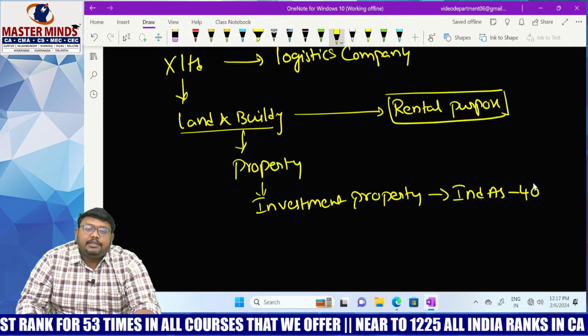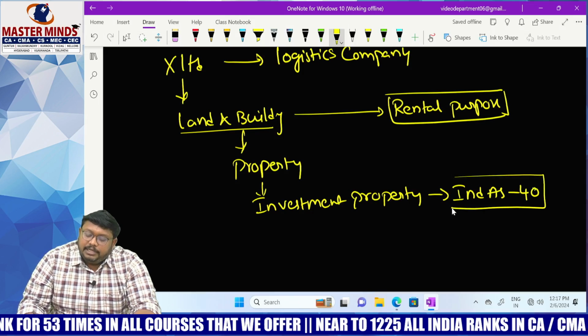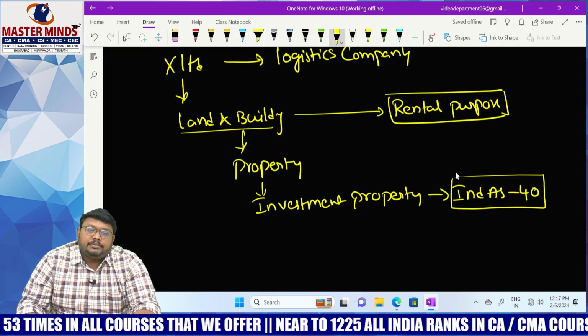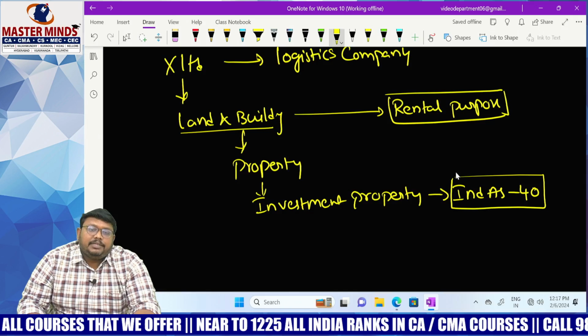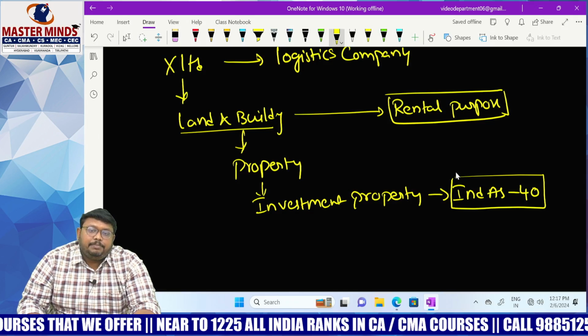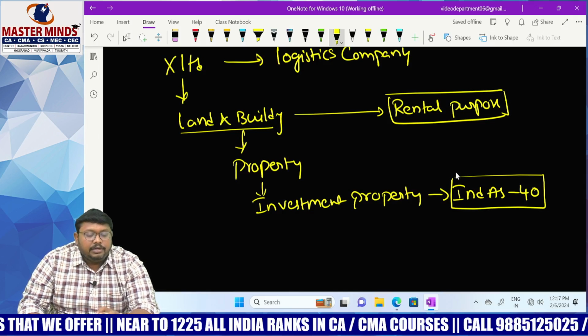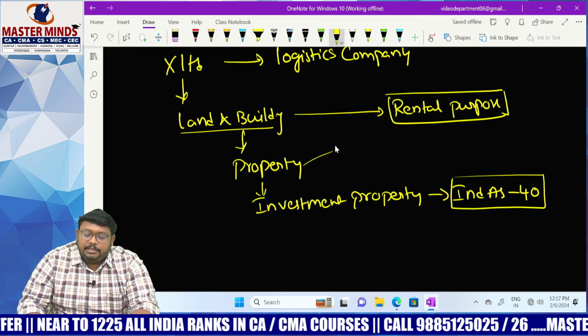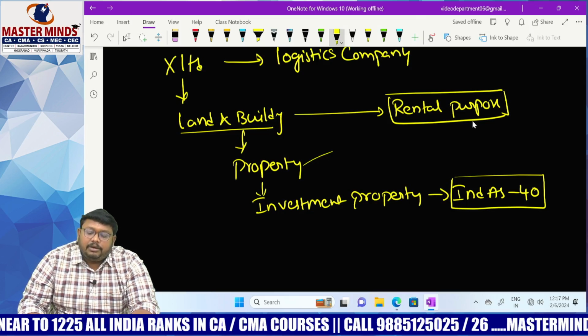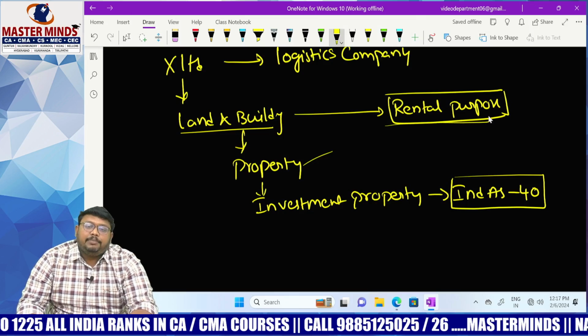Ind AS 40 deals with investment property. Ind AS 16 will not apply because that property is not used for business purpose, when you are giving that property for rental purposes.